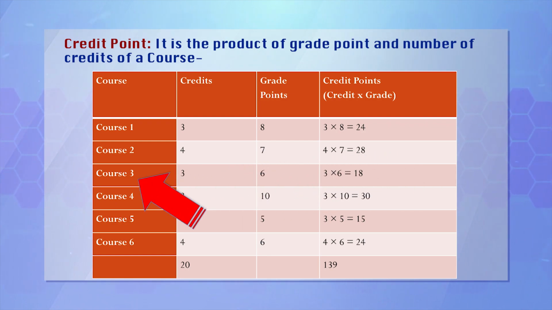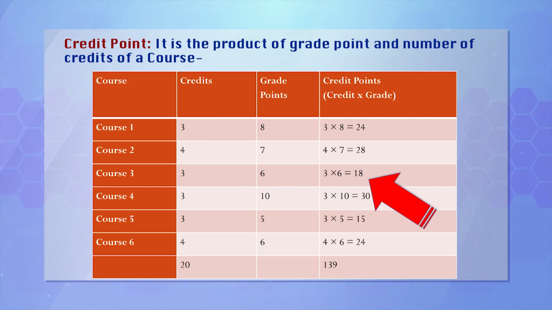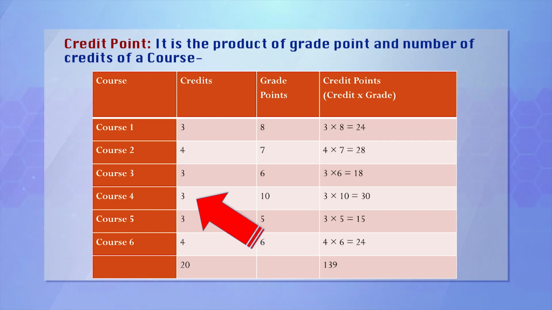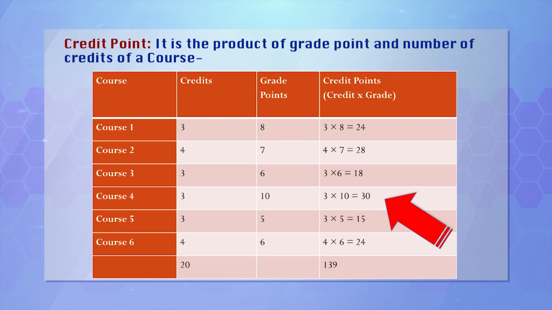In course 3 there are 3 credits and the grade point is 6, so the credit point will be 3 into 6 is equal to 18. In course 4 there are 3 credits and the grade point is 10, so the credit point would be 3 into 10 is equal to 30.